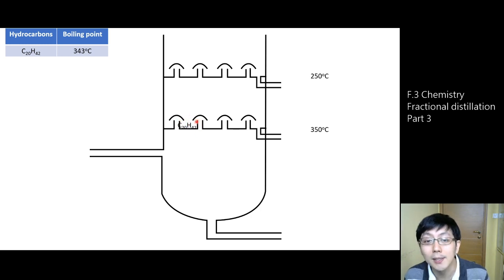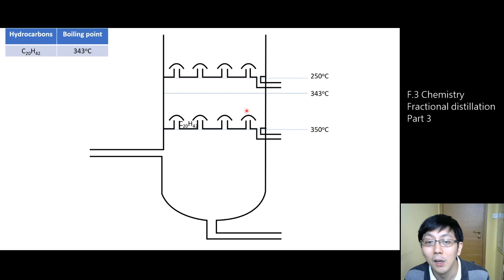This one still exists as gas as the temperature at this layer is 350 degrees Celsius. 呢個水平線呢一層仲係350度。The temperature is still higher than the boiling point of this hydrocarbon. So this hydrocarbon will eventually go up.